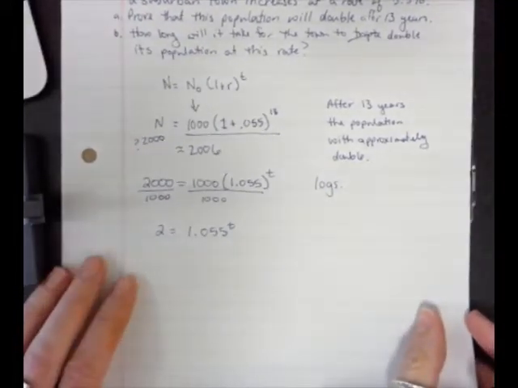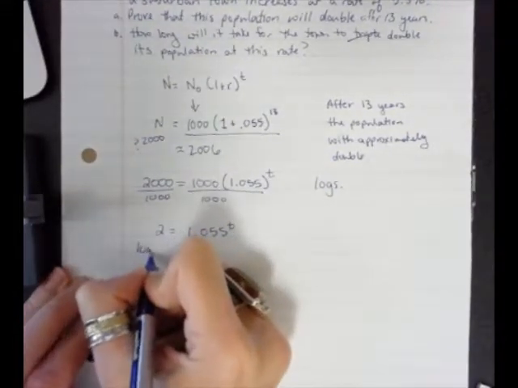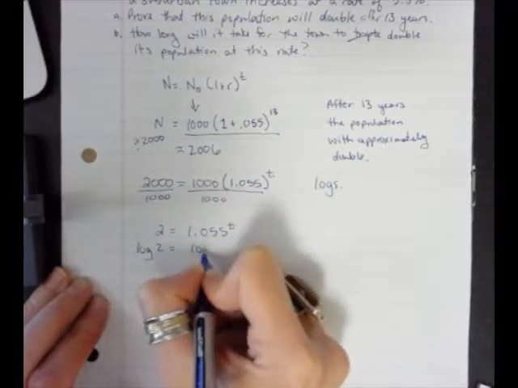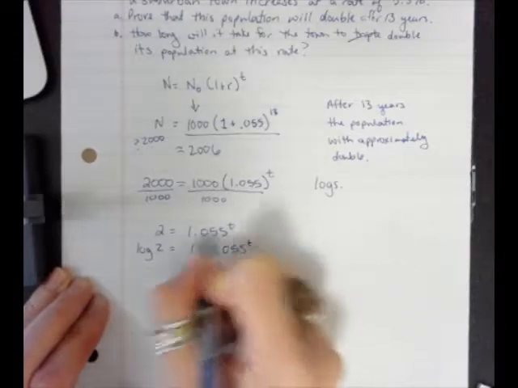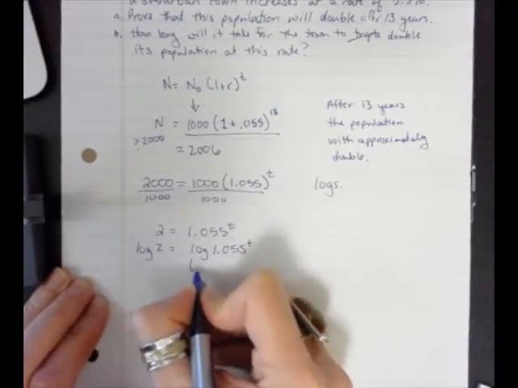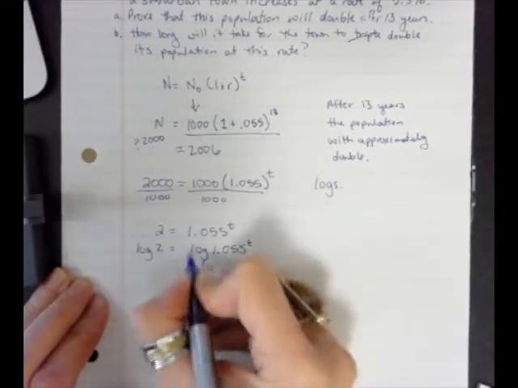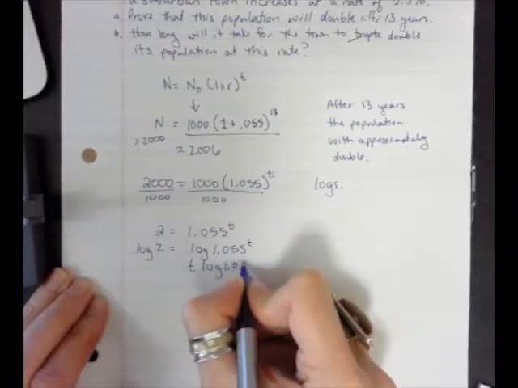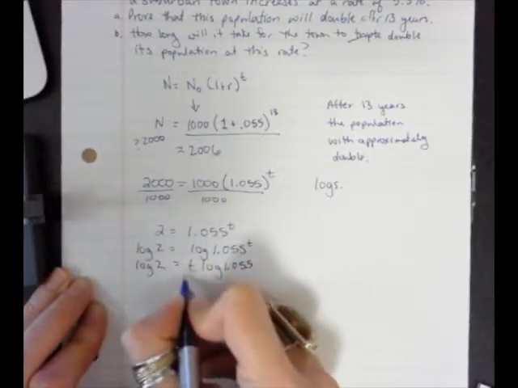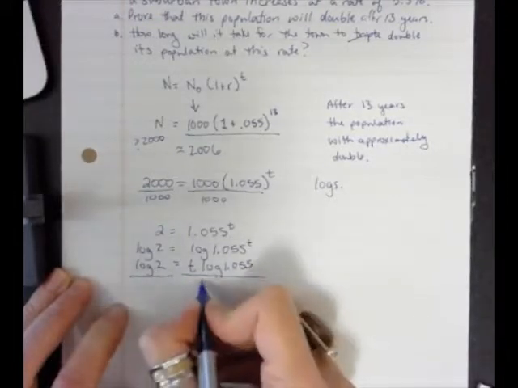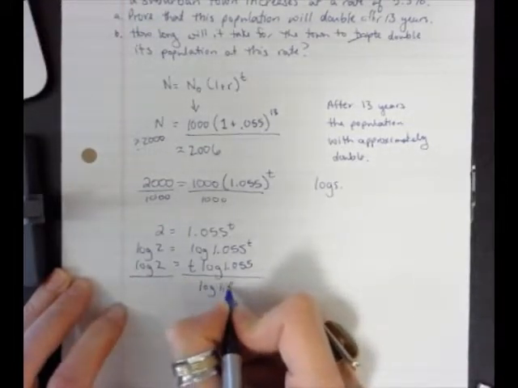So log 2 equals log 1.055 to the t. We're using our rules. We take our exponent and bring it out here. And again, you should be pausing and trying this on your own first.